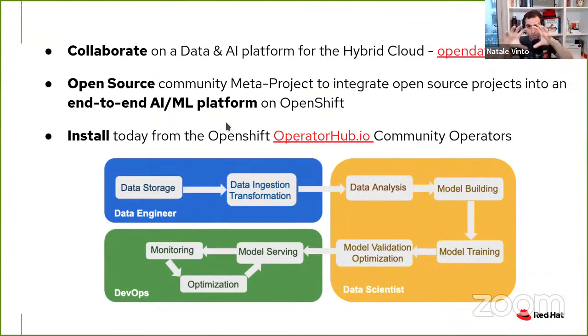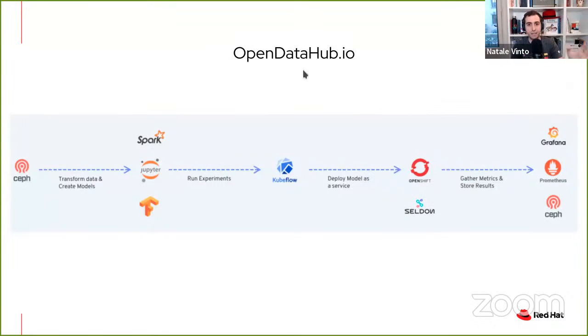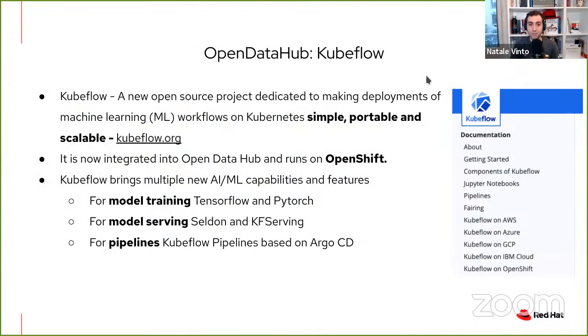So the idea is to make everything a collection of software, and here you can see a pipeline from OpenDataHub. There's the storage, there's Spark, Jupyter, TensorFlow, there's a popular software called Kubeflow, and model deployment as a service, and then you can deploy on Kubernetes and OpenShift and gather results and metrics.